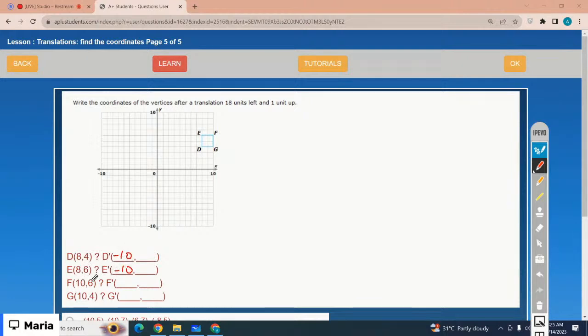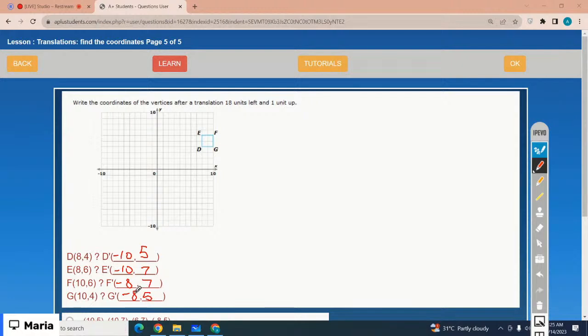Negative 10, negative 8, negative 8. 1 up, add 1 to the y coordinate. 4 and 1, 5. 6 and 1, 7. 6 and 1, 7. 4 and 1, 5, right?